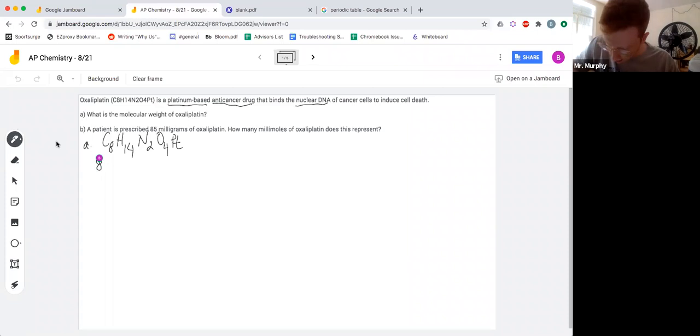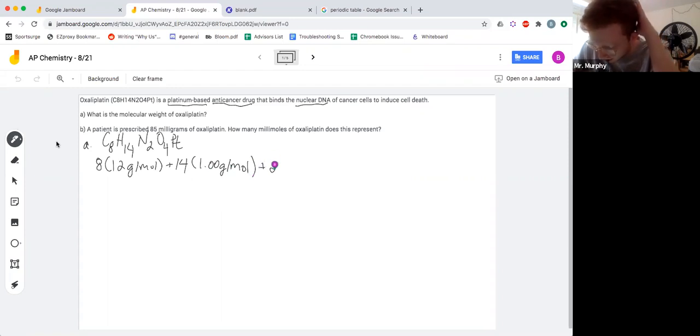8 times 12 grams per mole. Why do we do this? There are 8 carbon atoms, each of which weighs 12 grams per mole. Let's do the rest. Plus 14 times 1.00 grams per mole. This is for hydrogen.